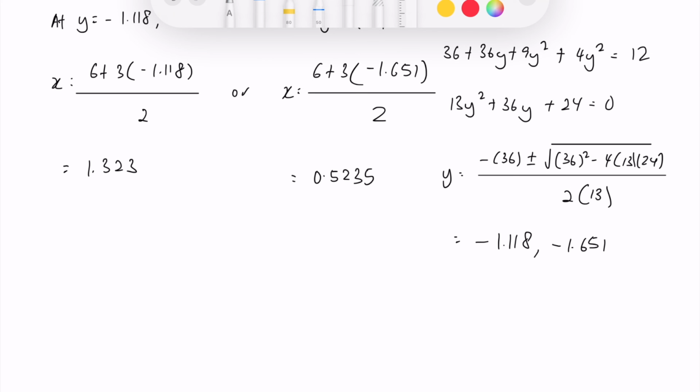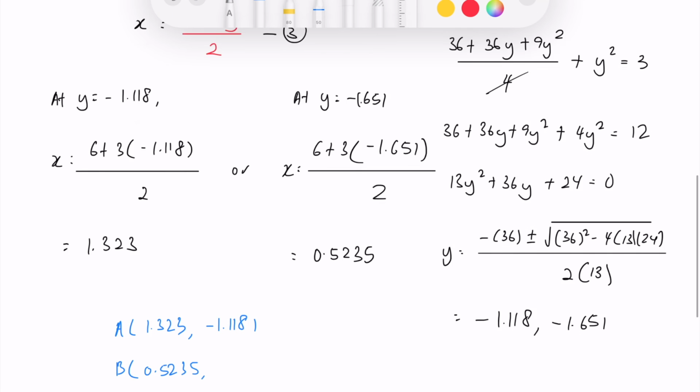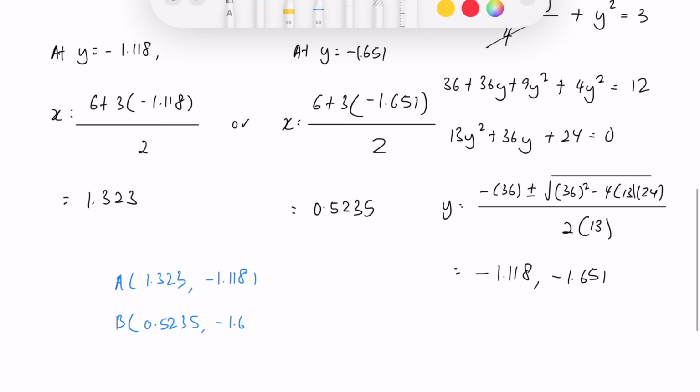The coordinate format is always x, y. So coordinate A is 1.323, and then you write your y in, negative 1.118. And your second coordinate should be 0.5235, and your y is negative 1.651. And that is it if they ask you for coordinates.